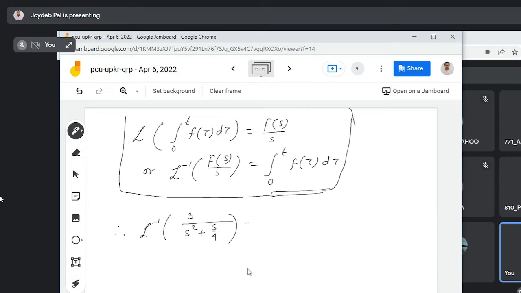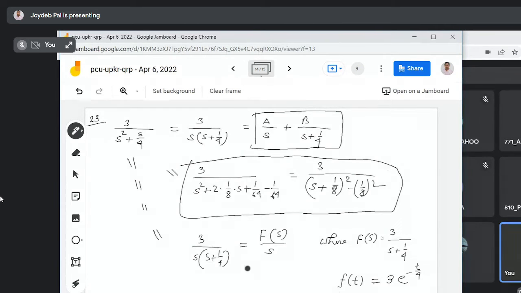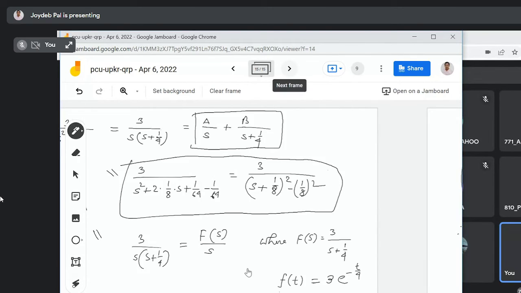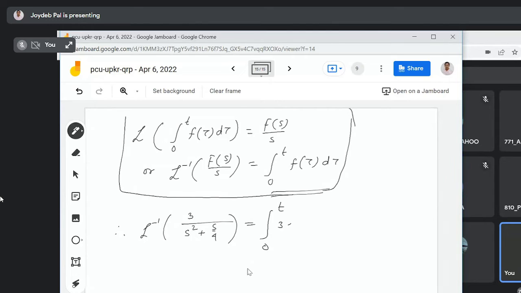Tell me. 0 to t integration f tau. So f tau means that is f(t), small f(t). अब t की जगह पे tau लिखने से f tau हो जाएगा. So 3 e to the power minus tau by 4, that is f tau d tau.